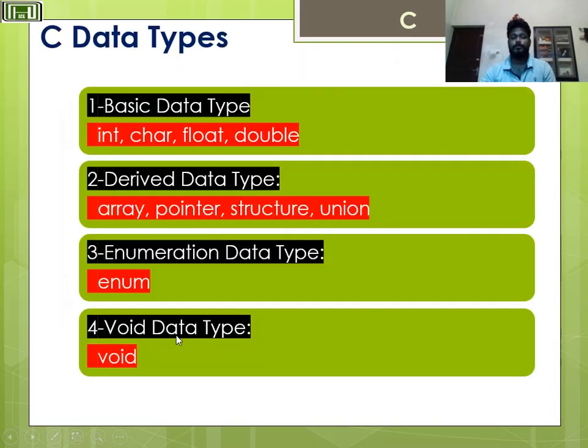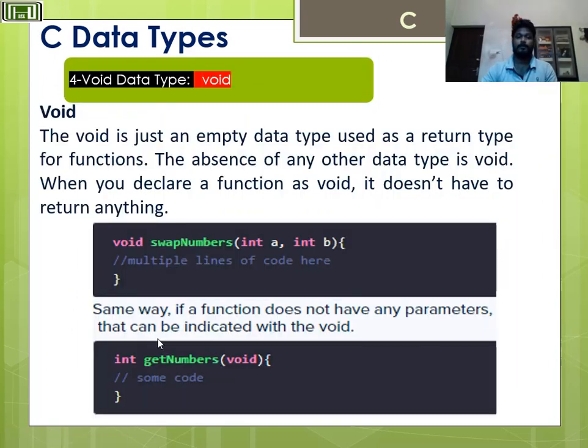Now moving to the last data type, void. The word void is just an empty data type used as a return type for functions. The absence of any other data type is void. When you declare a function as void, it doesn't have to return anything, so it returns no data.